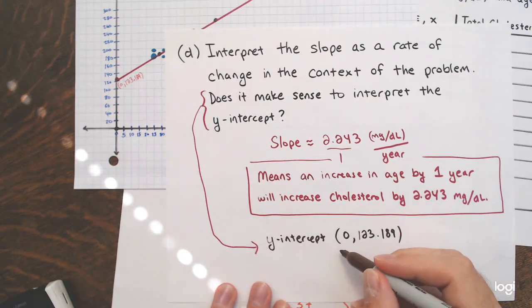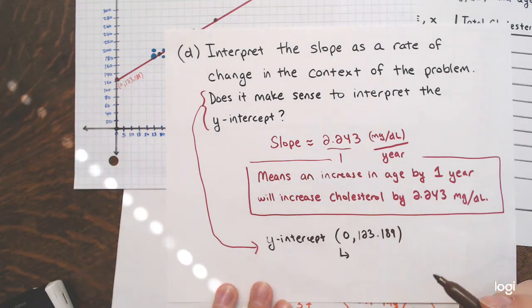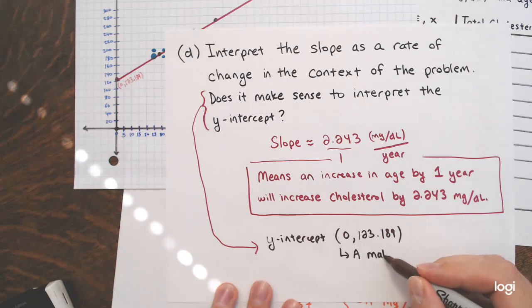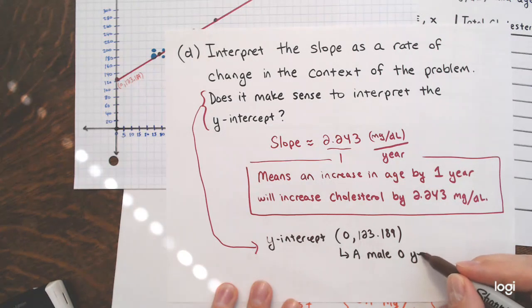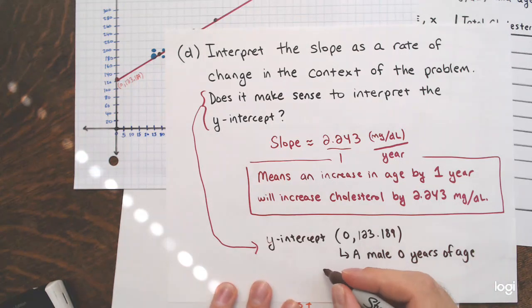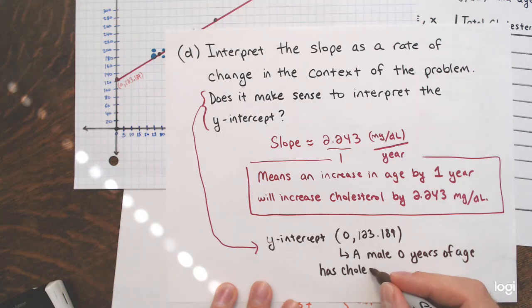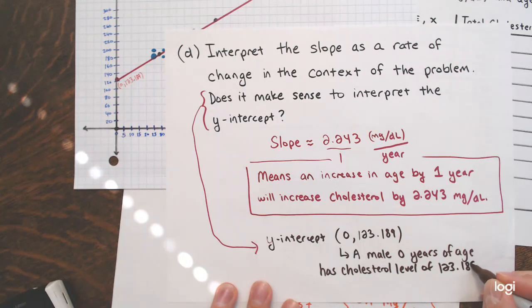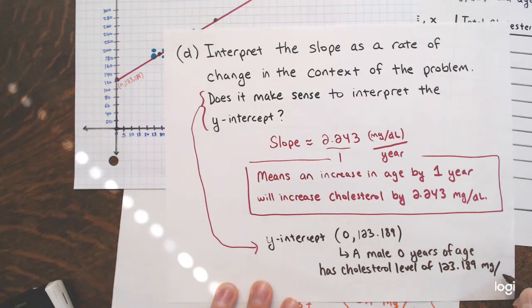And what this means is that a male, 0 years of age, right? That's what the first coordinate means, age. Would have a cholesterol level of 123.189 milligrams per deciliter.